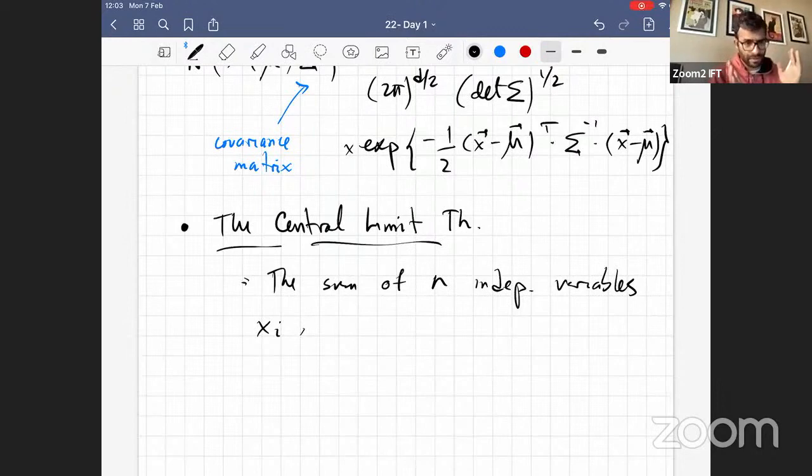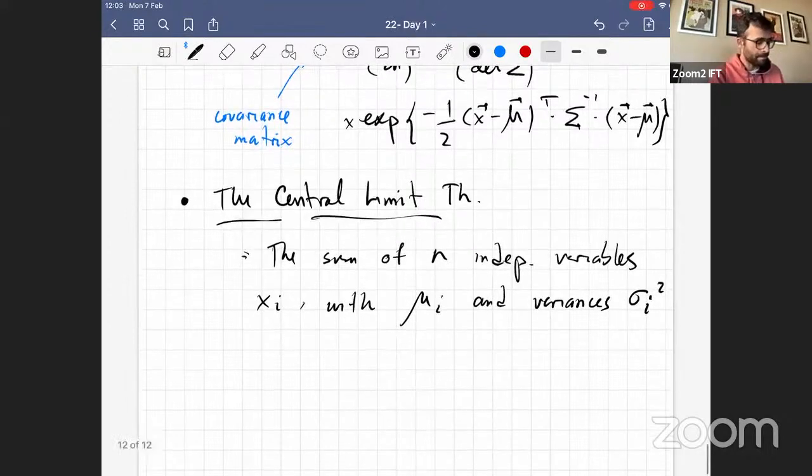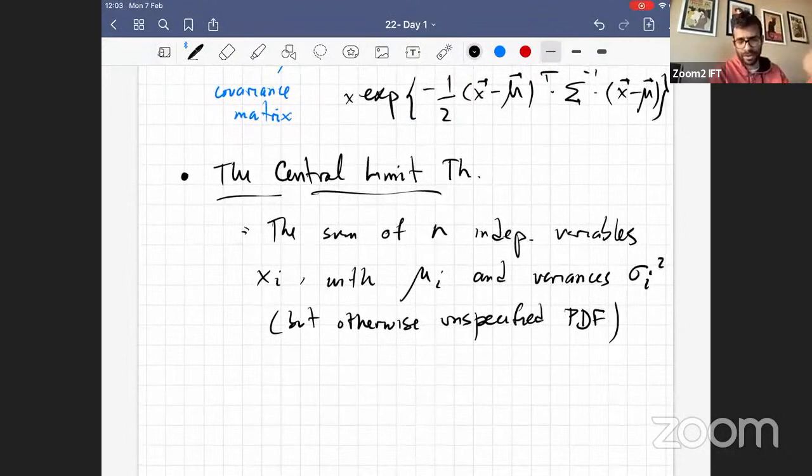We can have whatever distribution for each of them, but they are characterized by the mean mu i and variances sigma i squared. I'm just writing it here because it is important, but otherwise the PDF is unspecified. So one can be, I don't know, log normal, the other can be whatever other thing, etc.